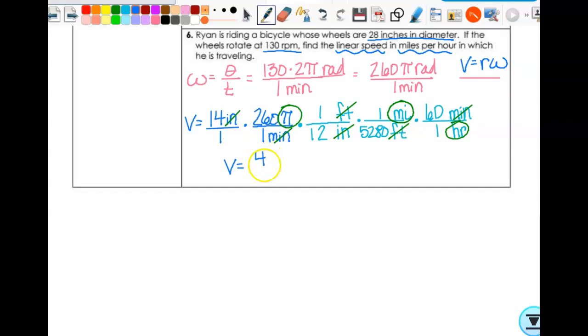You should get 455 pi over 132, and this is miles per hour. Okay.